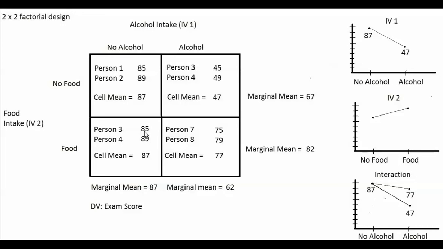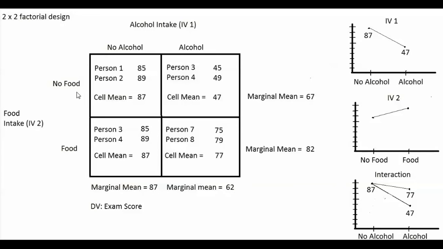We talked about balancing a little while back. If half of the no alcohol condition is no food and the other half is food, and half of the alcohol condition is no food and the other half is food, then this variable of food intake is balanced across these two conditions, and this main effect is not confounded.